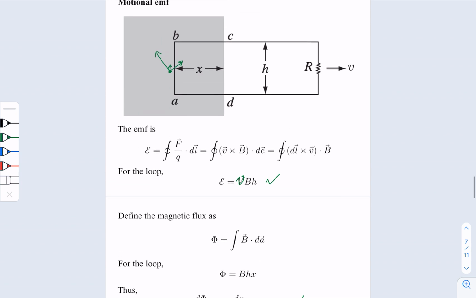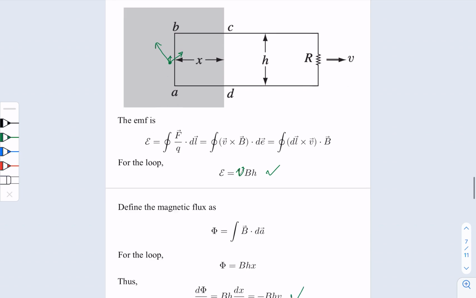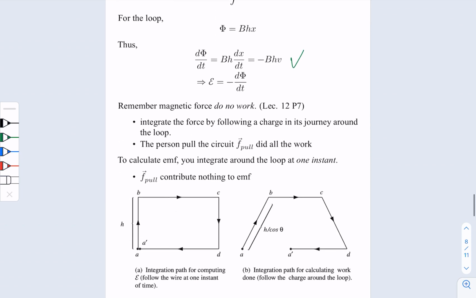But somehow, because you are pulling this wire, the magnetic field is responsible for transforming your work into the current in this wire.